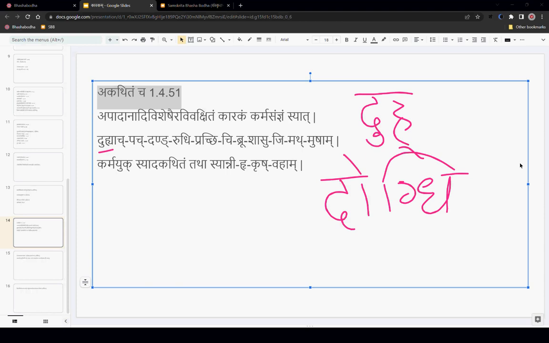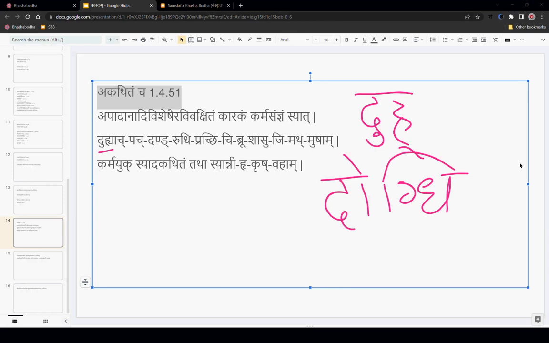If he doesn't intend to relate the kriya with the dhenu in the apadana karaka, then it gets the karma sanya.